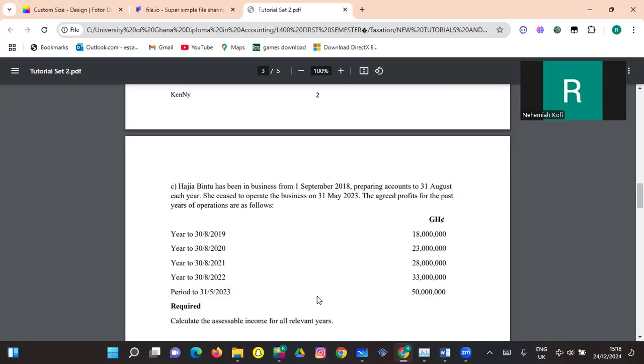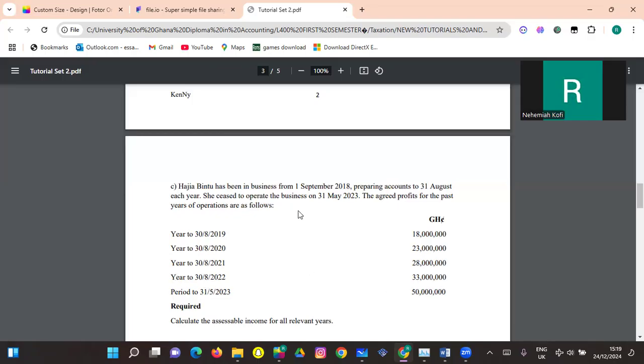The agreed profits for the past years of operations are as follows. Year to 31st August 2019 is this. Year to 31st August 2020 is this. Year to 31st August 2021 is this. Year to 31st August 2022 is this.